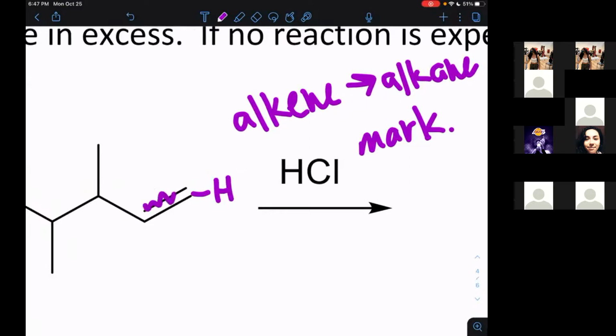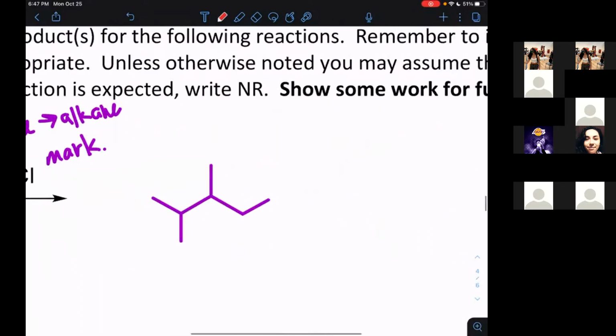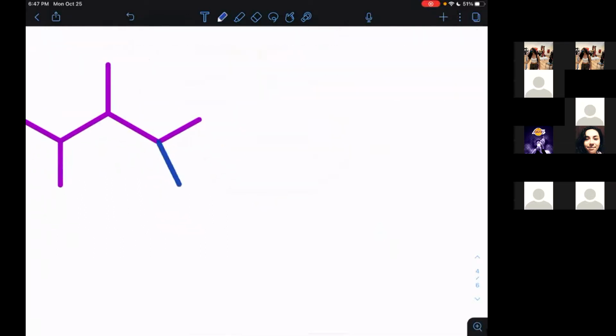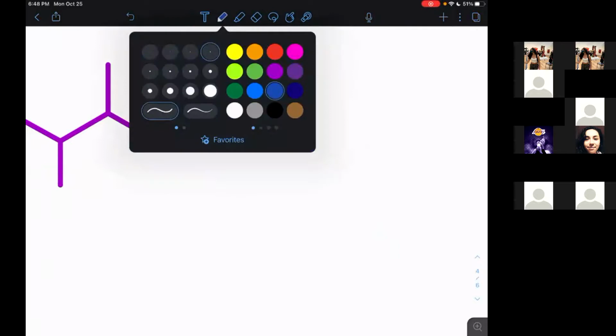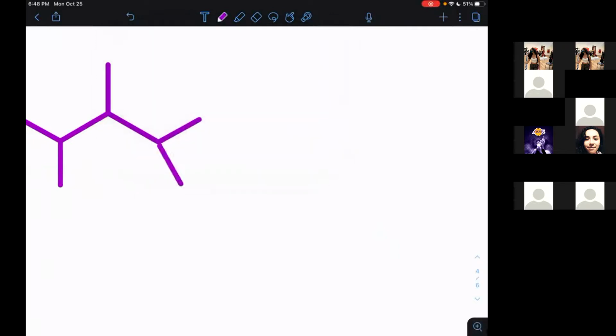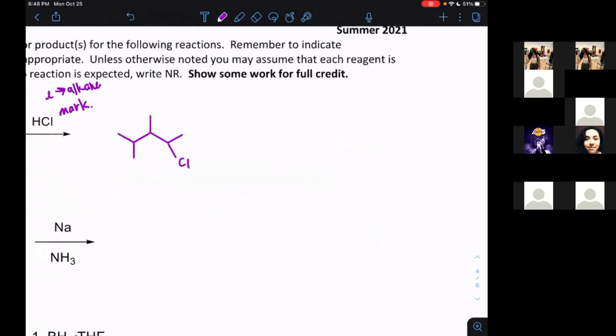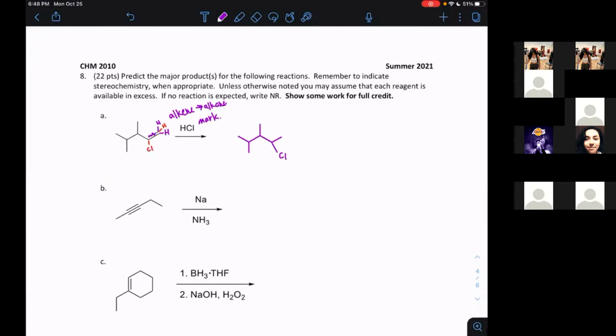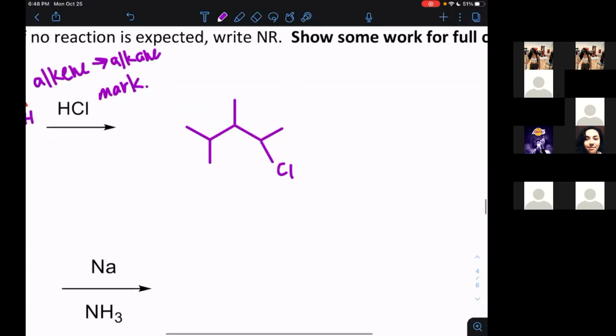I guess I'll do it in one. And then the Cl will add to the other side. So yeah, we'll just end up with Cl. Looks slightly odd. Yeah, let's do it straight down.